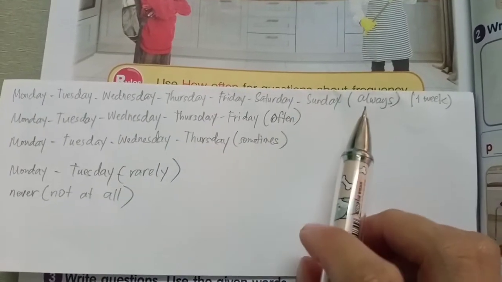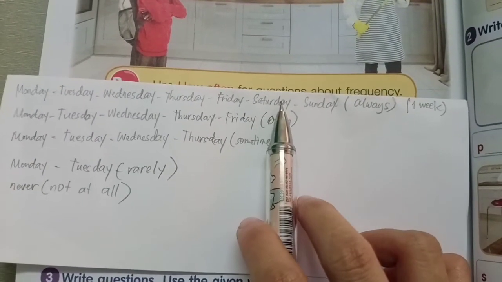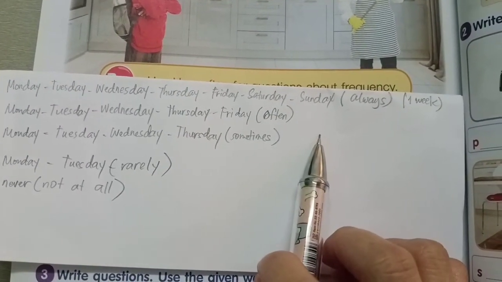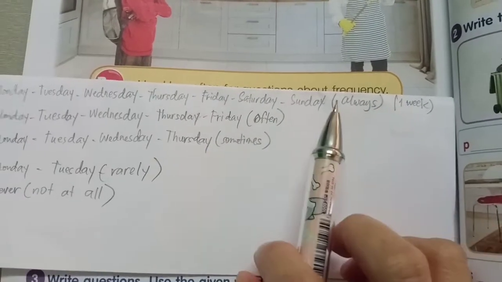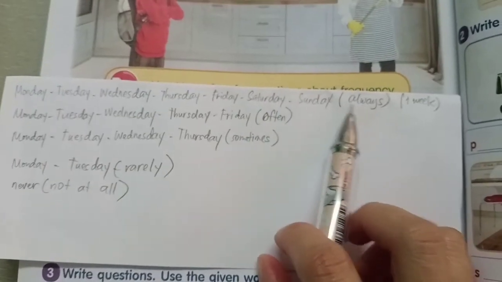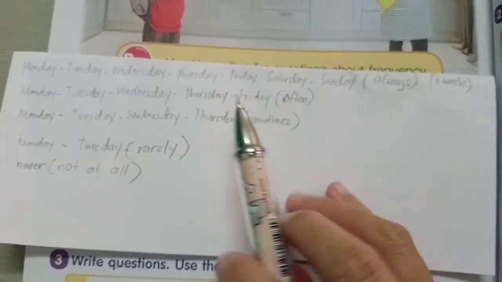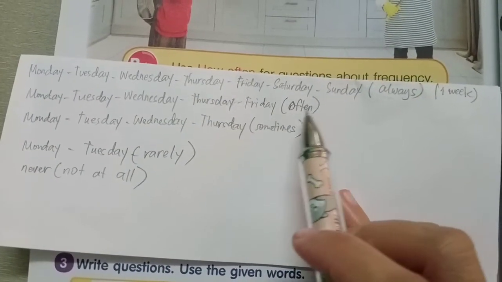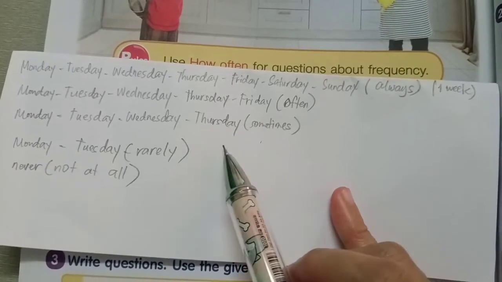So this is the way I write it down, so that the students will understand it right away. So if you are going to say always, it means every day. Monday, Tuesday, Wednesday, Thursday, Friday, Saturday, and Sunday. It means 1 week. So we need to know that if you use the word always, it means every day. But if you are going to say often, it means Monday, Tuesday, until Friday.